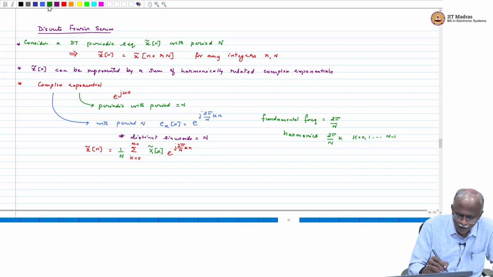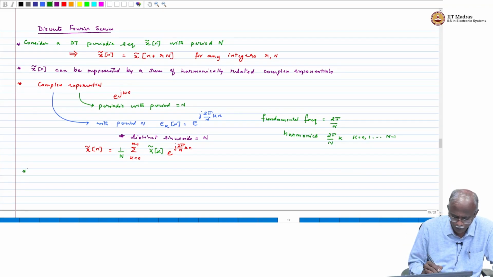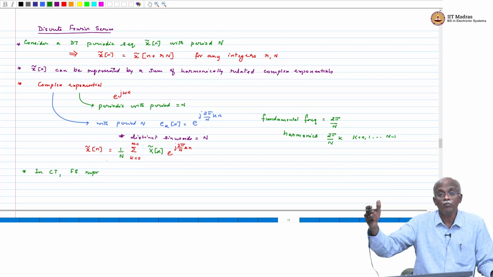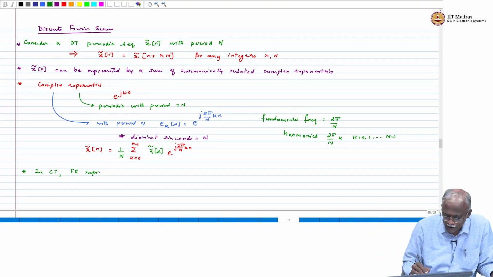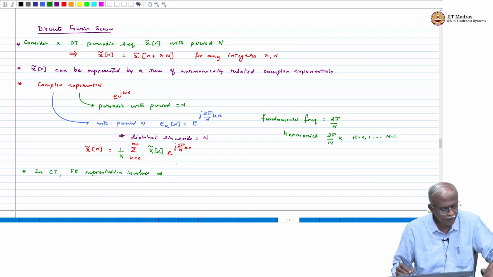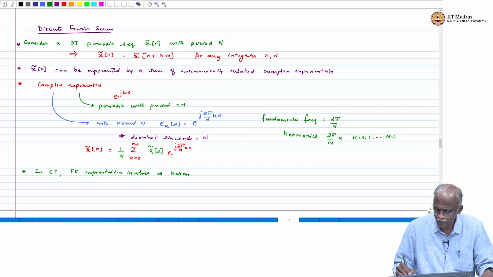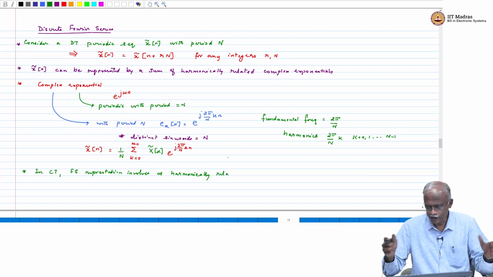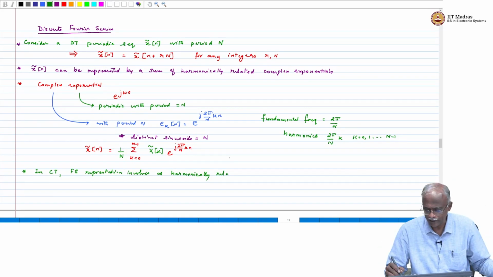A note that will be very helpful is that in continuous time, periodic signals have a Fourier series representation that involves an infinite number of harmonically related complex exponentials, because the summation will be from minus infinity to infinity.